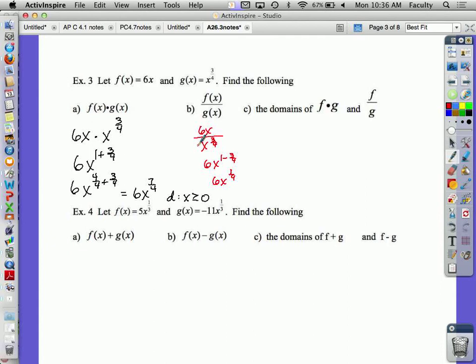And I can't do that. Even though it's simplified out, I technically could be plugging in here or here. So my domain on this one is going to be x is strictly greater than 0. So you have to be careful if your original problem is a fraction, that you have to keep in mind that the denominator cannot equal 0 there.